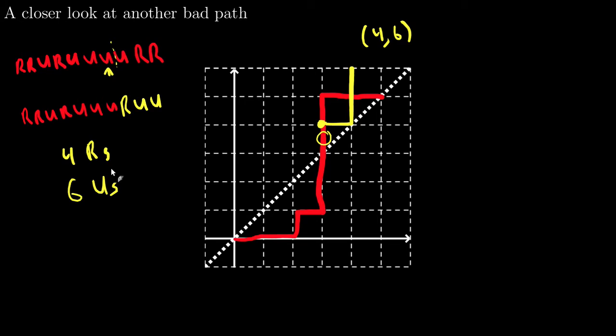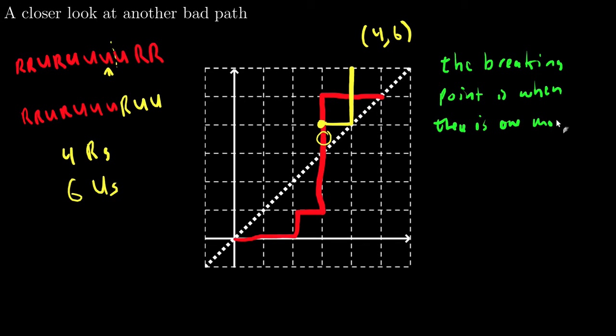So if you think this through, if I break this, the breaking point is when there is one more U than, not tan, than R. Okay, so once I get one more U than R, that's the breaking point.